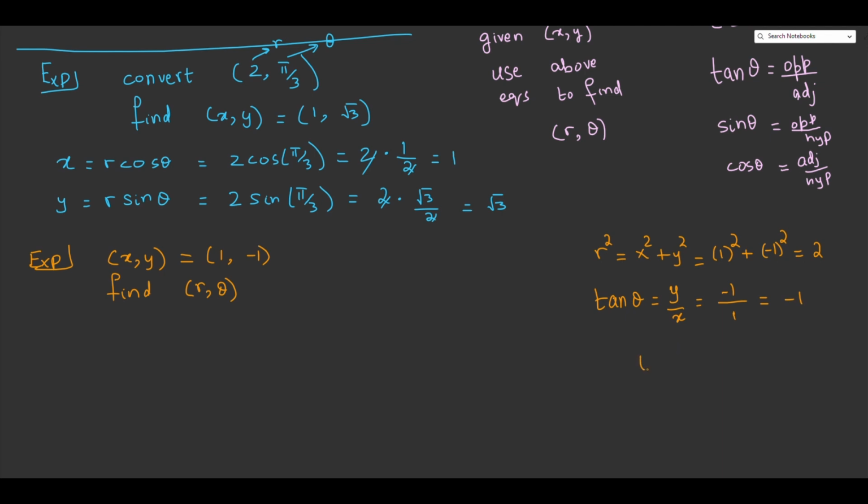If you do this, theta equals tan inverse of minus 1, which will give you minus pi by 4, or you can also write this as pi minus pi by 4.